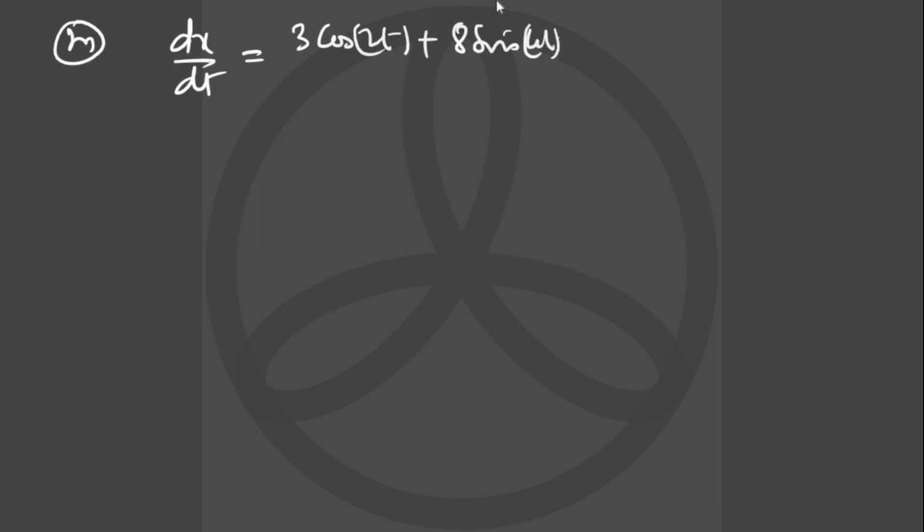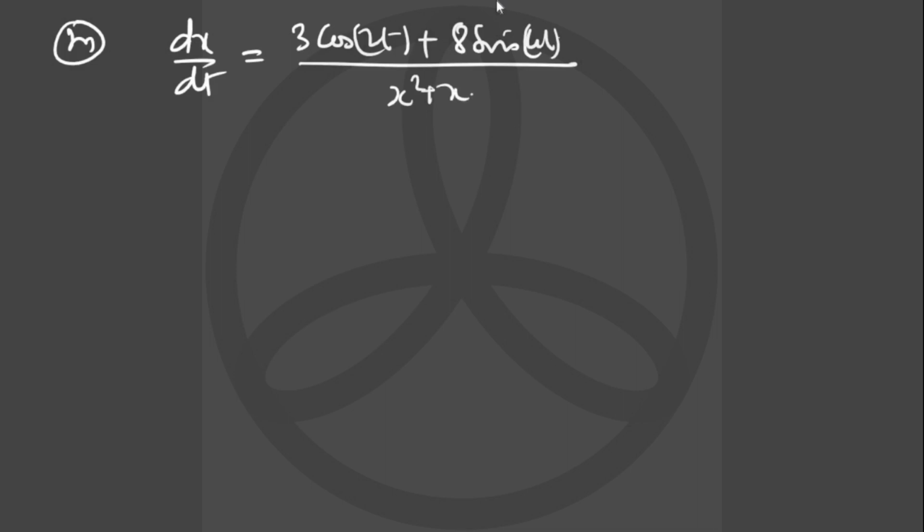So friends, we will discuss the next question now. This is a little tricky and we need to be careful. Cos 2t in the numerator on the right side, and then 8 sin 4t, with the denominator x squared plus x.